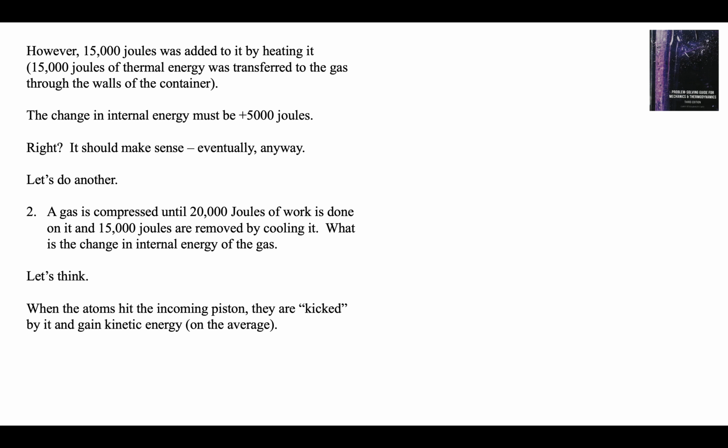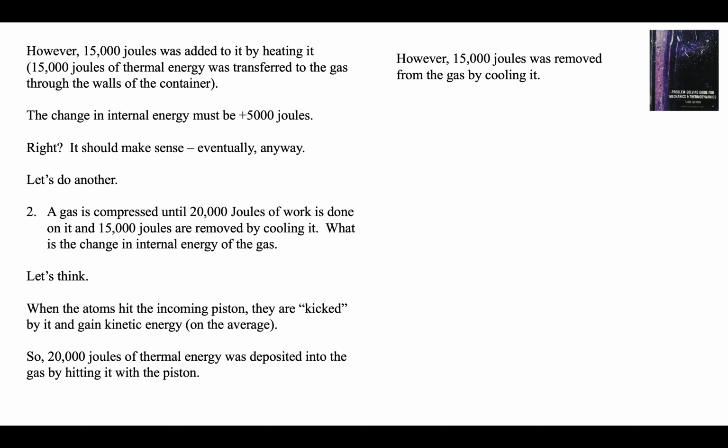The piston hits the atoms, and they're kicked, and they gain kinetic energy, and they gained 20,000 joules. The piston made a deposit of 20,000 joules into the internal energy of the gas by hitting it. But 15,000 joules was removed by cooling it. Net change is plus 5,000 joules of internal energy, right?